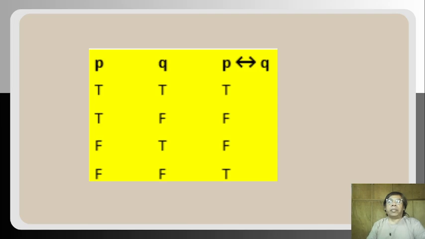Since in the first row we have the same truth value for P and Q, the answer for the third column is T. In the fourth row, the truth values of P and Q are the same, both F, so the answer is true. In the second and third rows, the answer is F because the truth values of P and Q are not the same.